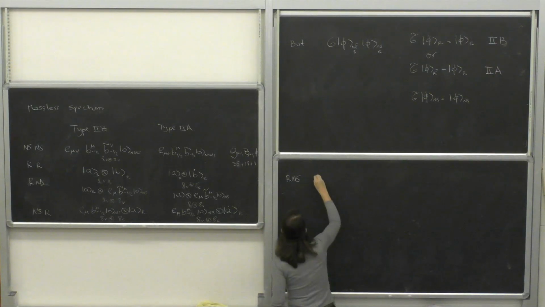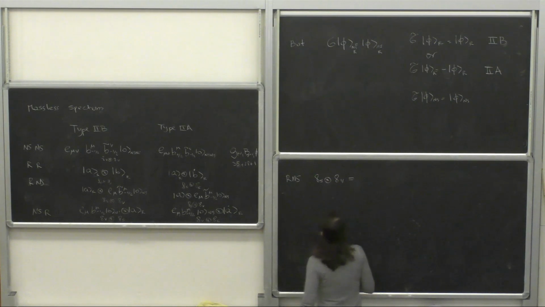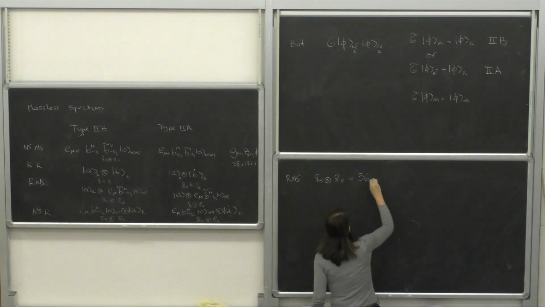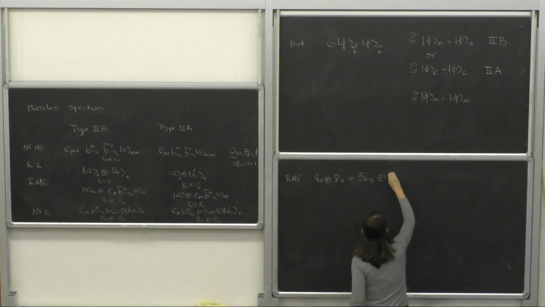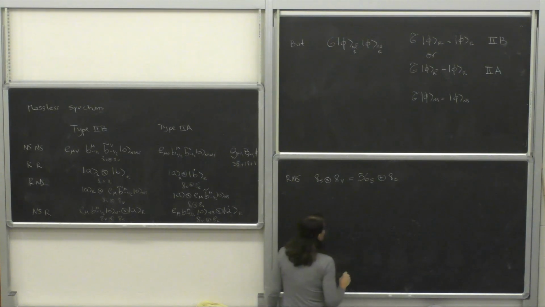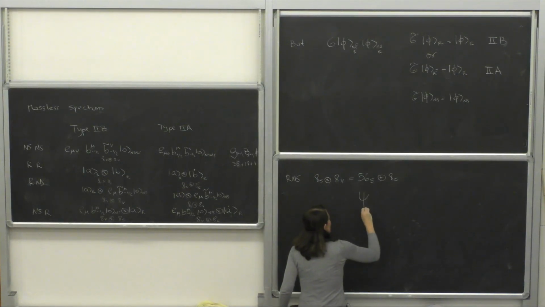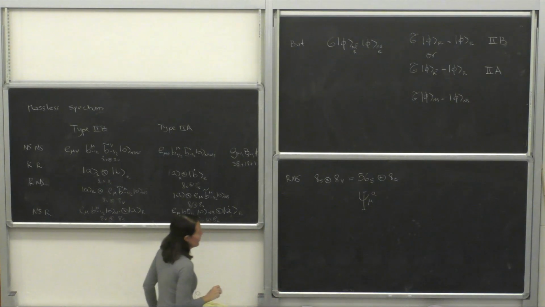So in both we have 8S tensor 8 vector, and this decomposes into 56S plus 8C. So 56S is a spin 3/2, so the vector and the spinor, and this is the gravitino, the superpartner of the graviton.